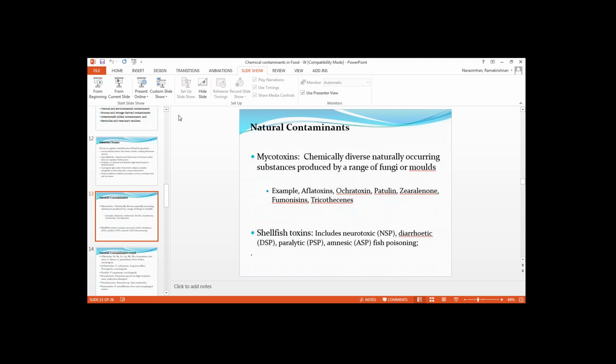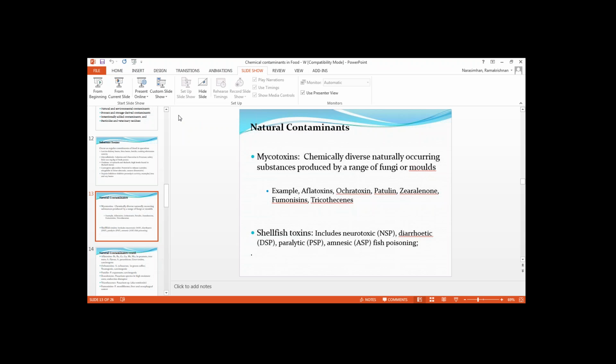They can also be teratogenic, meaning that even before birth they may lead to a lot of problems for small babies. And these acrotoxins are now thought to be carcinogenic in human beings also.